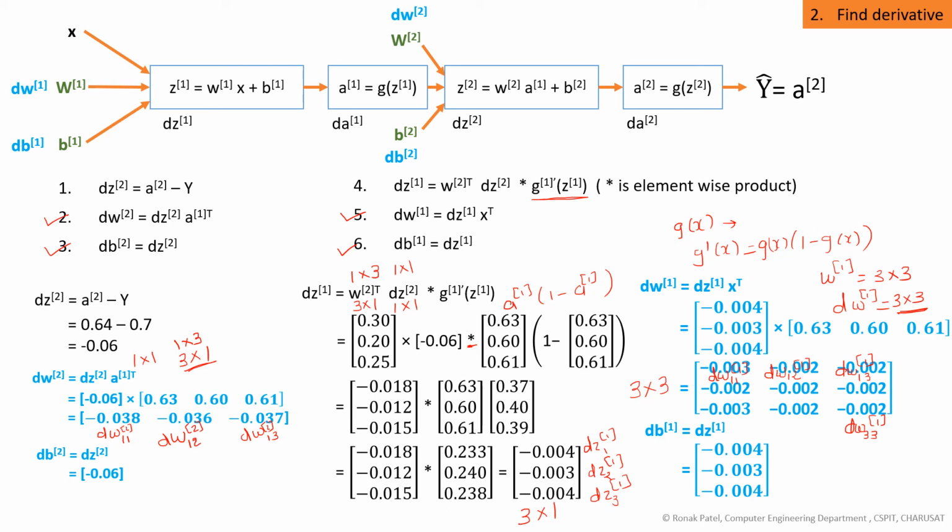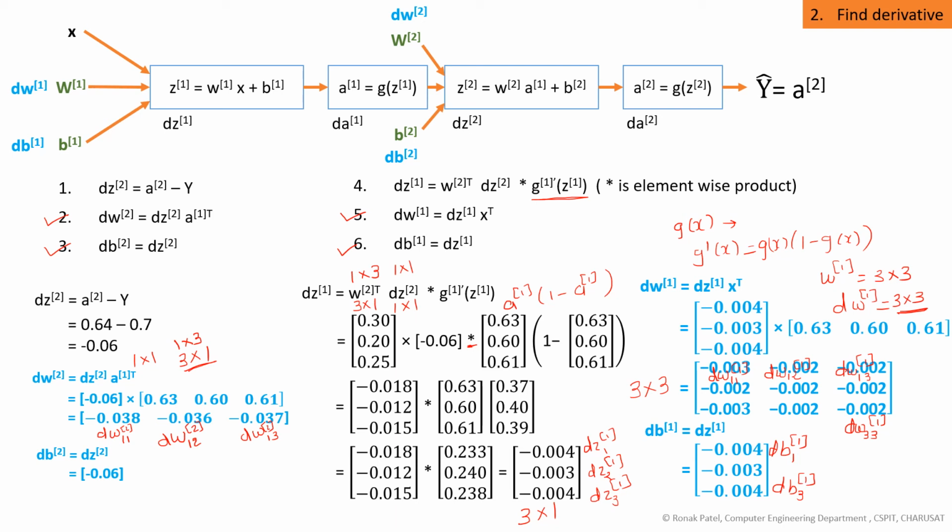So db1 is equal to dz1, and we have calculated the dz1, so you can directly write that dz1. So your first term here is db1 1, and last term is db3 1.